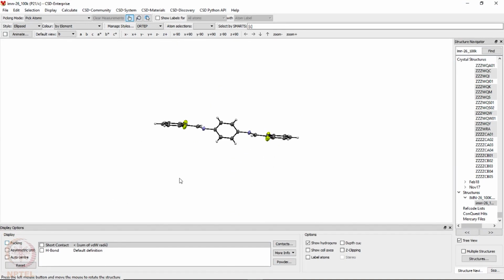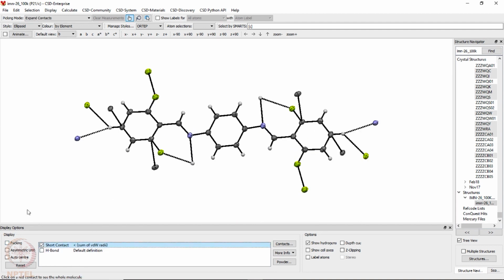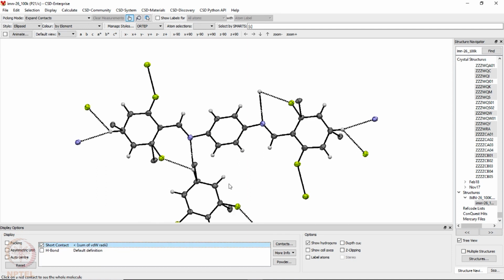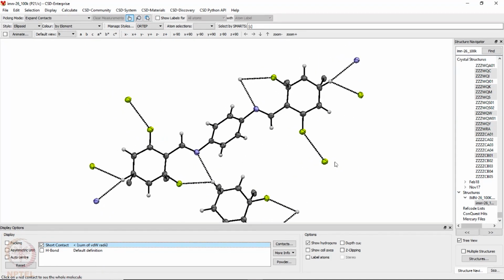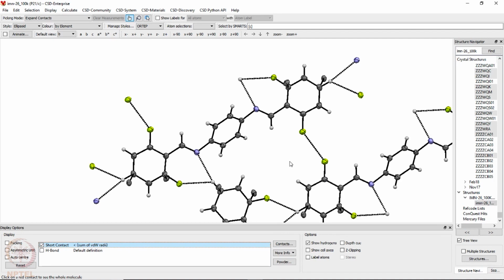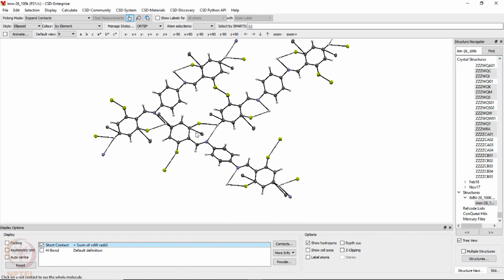One can then do analysis of short contacts. If you click on short contacts, it will show the three-dimensional contacts of this molecule with other molecules, what the hydrogen bonding possibilities are, what the other weak interactions are and things like that.